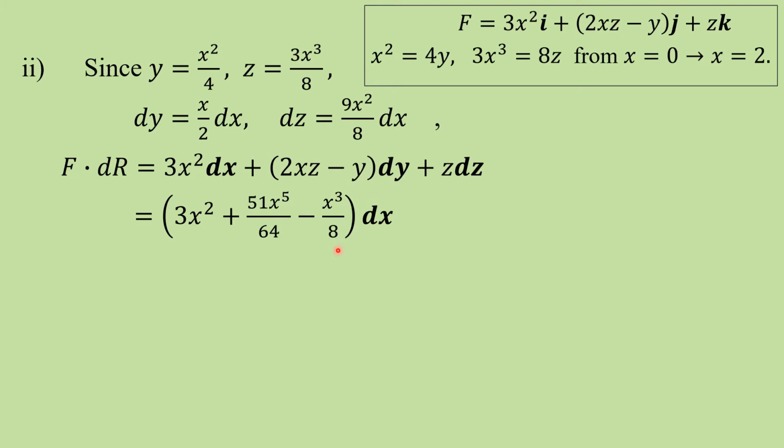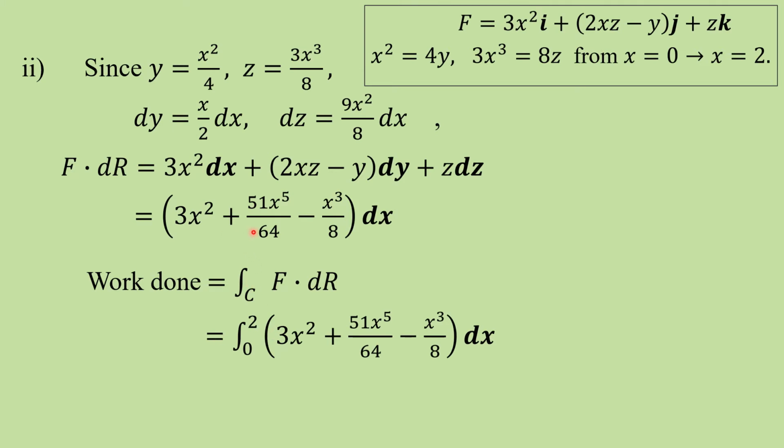So the work done, nothing but the line integral of F along C, is now the integral of 3x square plus 51 x power 5 by 64 minus x cube by 8 with respect to x. So limits are here already given, x from 0 to 2.